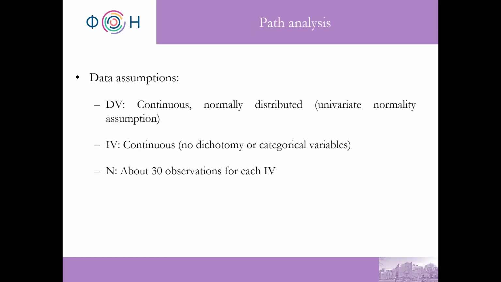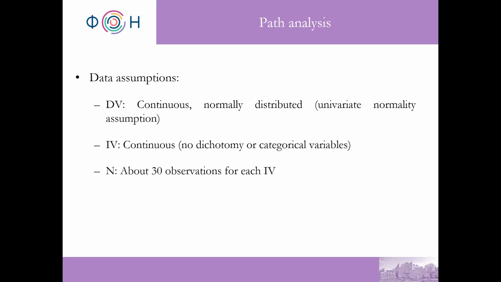So when it comes to path analysis, there are some assumptions: that your data is continuous, normally distributed. And there is an assumption related to the number of observations, so your sample size.